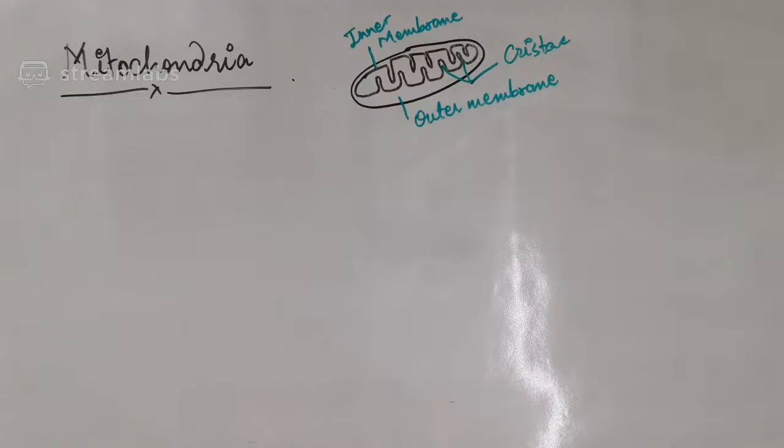Mitochondria are small rod-shaped or spherical organelles found in large numbers.